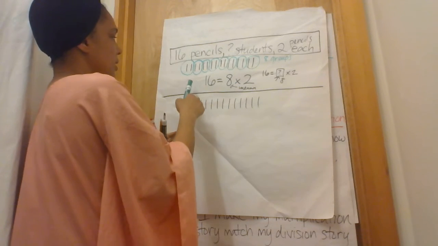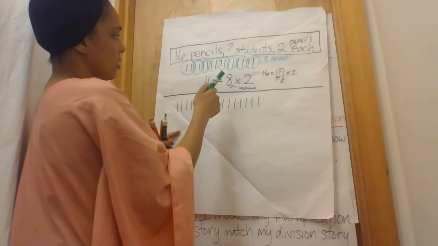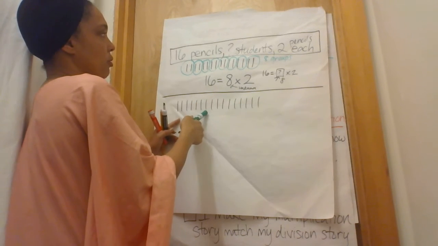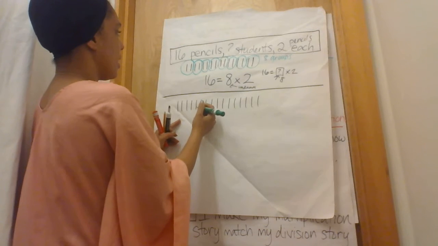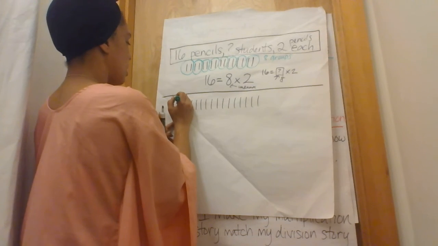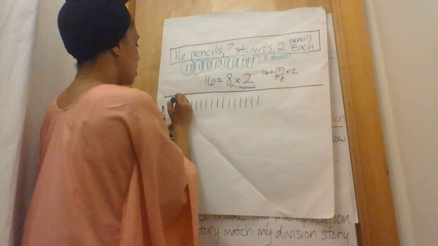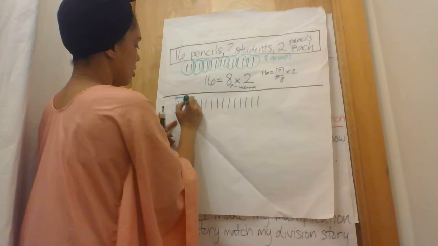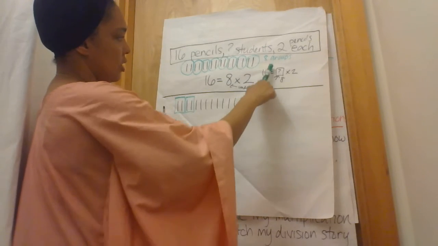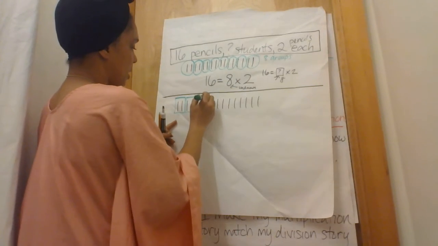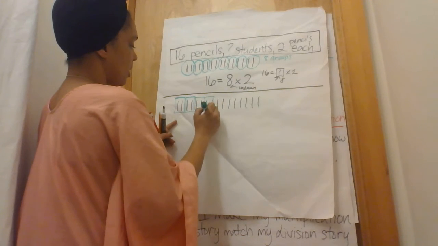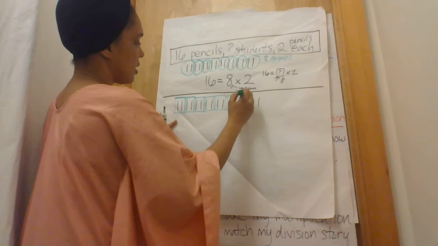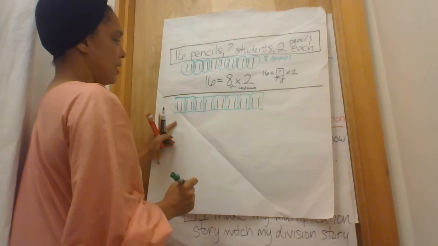I know that there are 16 pencils, I don't know how many students, and 2 pencils each. Another way that we could write this, we could look at it like, okay, once again, I'm grouping these into 2 because I know that each unknown is supposed to get 2. So here I am, grouping again. So there's my third grouping, 4, 5, 6, 7, 8.